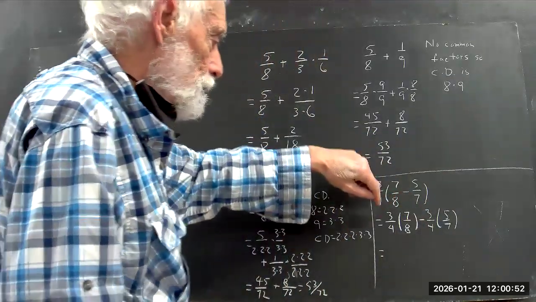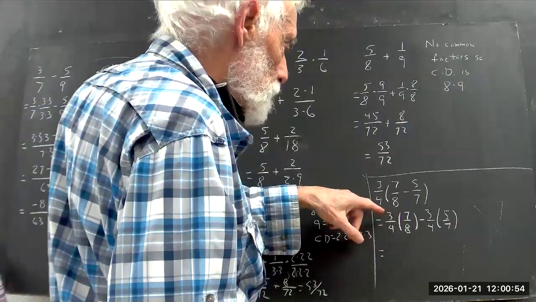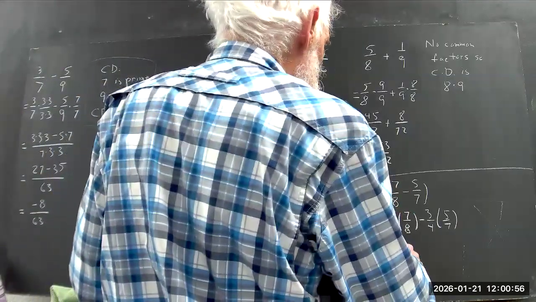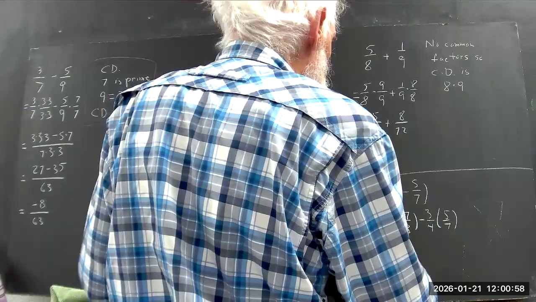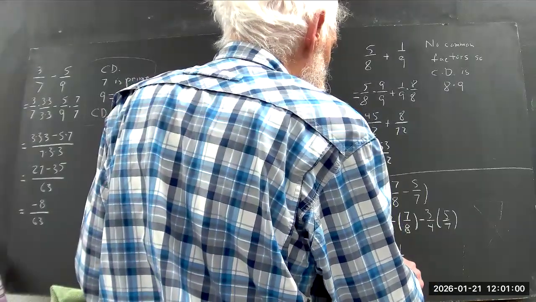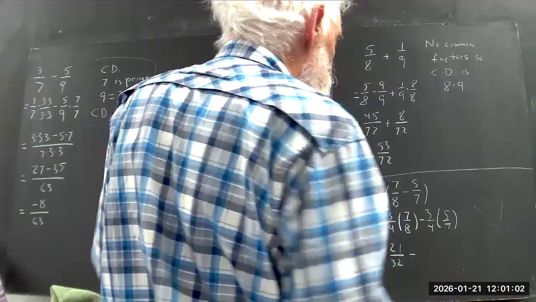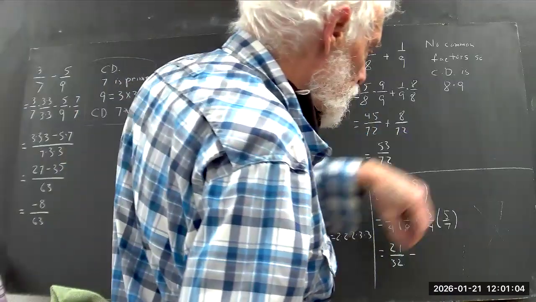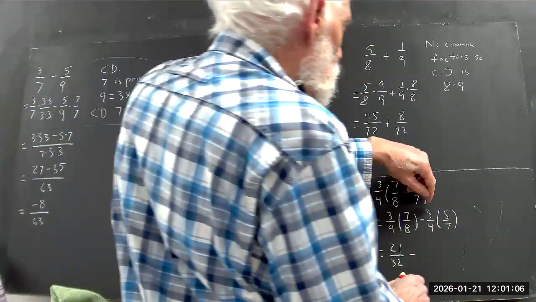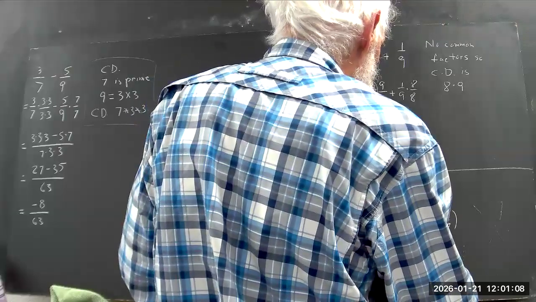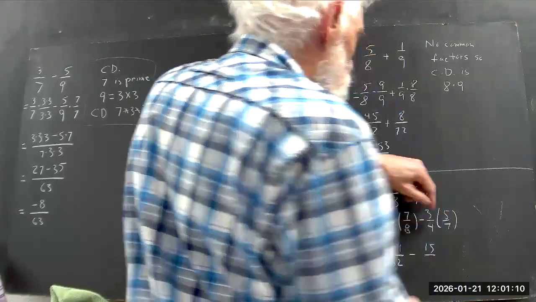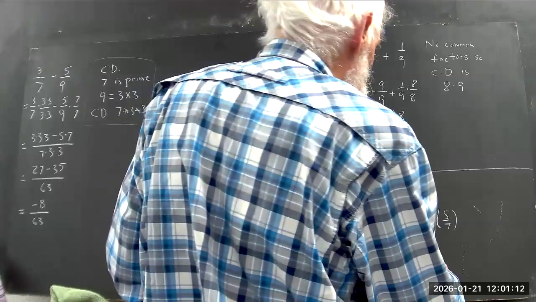For the first one, 3/4 times 7/8, 3 times 7 gives us 21, and denominators, 4 times 8 gives us 32. On the 3/4 times 5/7, 3 times 5 is 15, and denominators, 4 times 7 is 28.